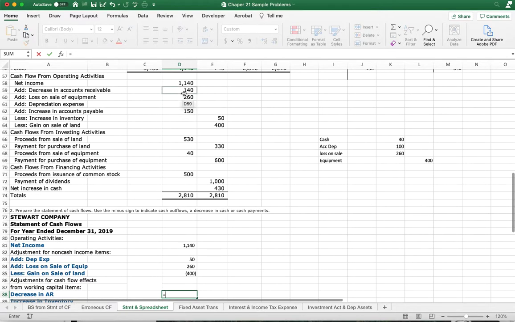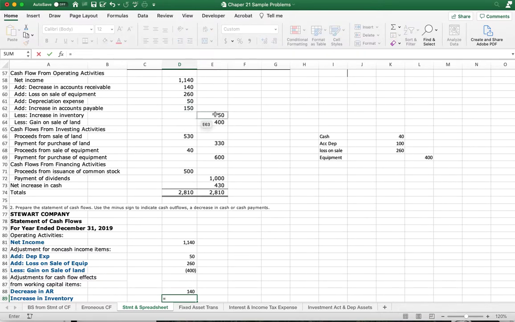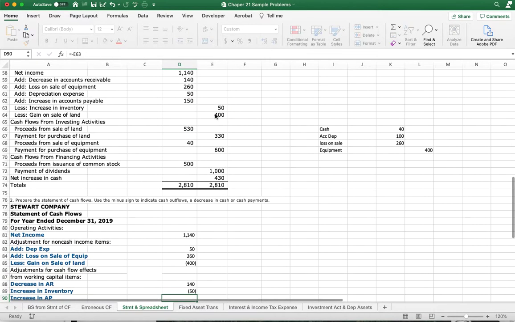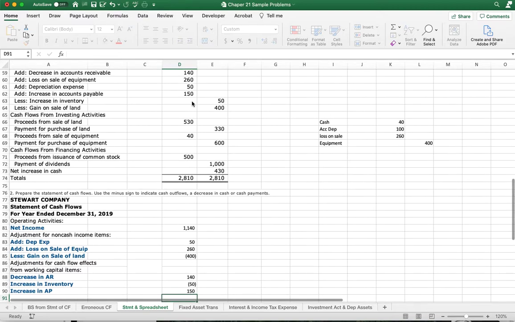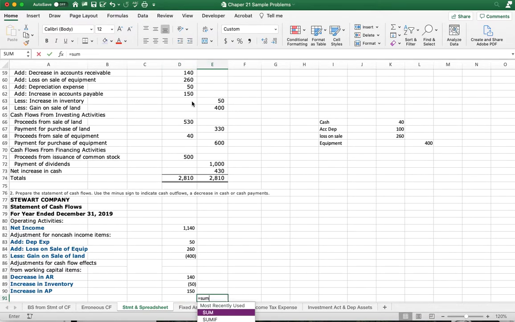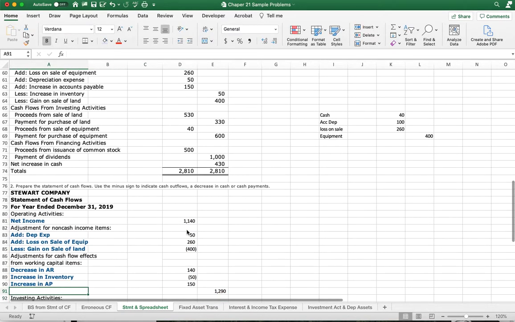And so again, we're just going to reference up our accounts receivable, our increase in inventory, our increase in accounts payable. And so then we can do a sum here. So we get net cash provided by operating activities.